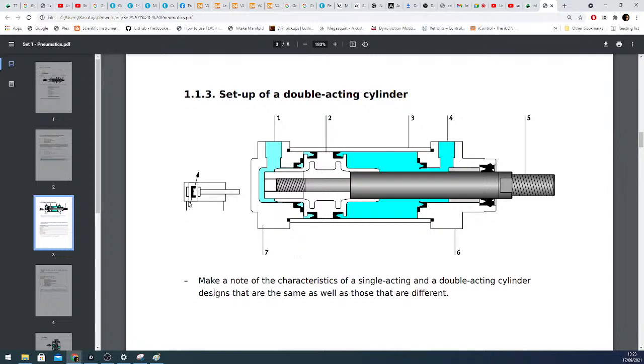But the most basic parts of the cylinder symbol is the main rectangle, the piston, and the piston rod. And of course, these small lines here, these are the input ports, the connections for compressed air or hydraulic liquid, if we are using hydraulics.